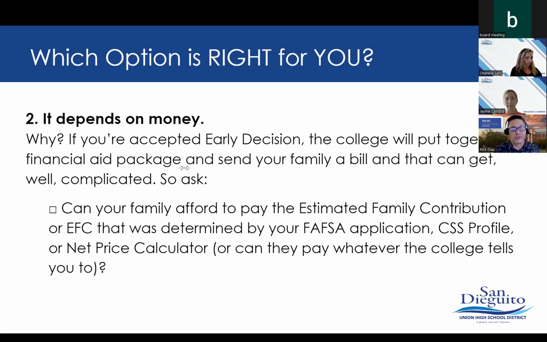It varies from school to school, but this is where it's so important to read the directions. And usually the decision letter says, unfortunately, we can't offer you admission at this time. We would like to defer your decision till later. Here's what you need to do. And it may say send your fall grades. Like at SMU, you have to send your fall grades.